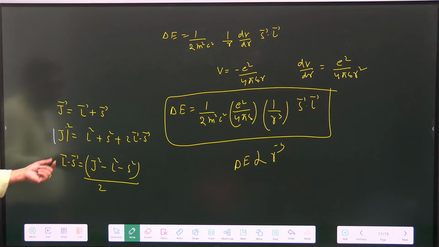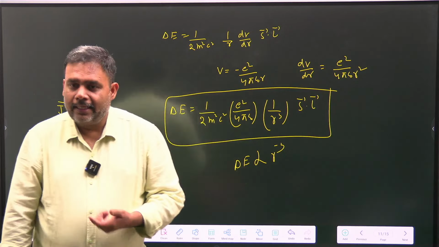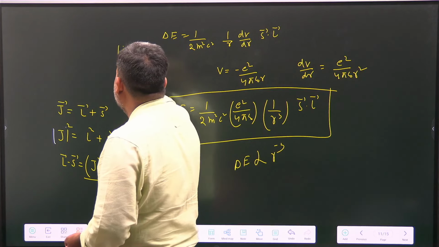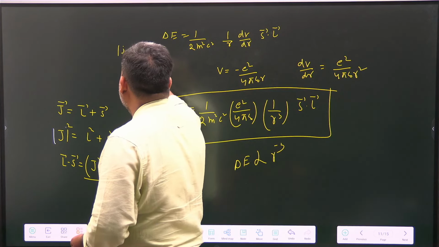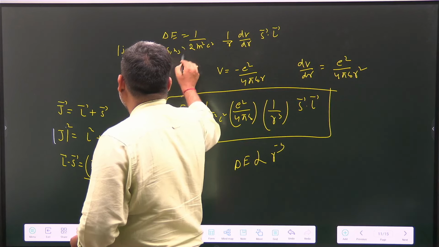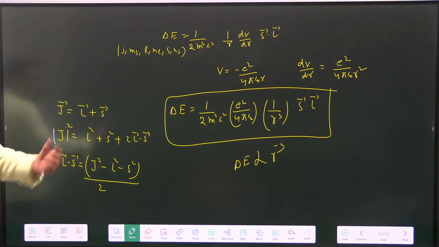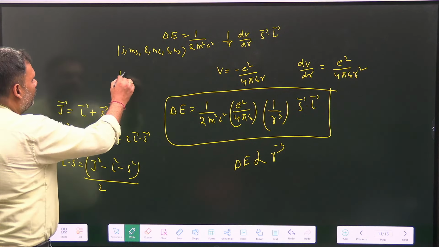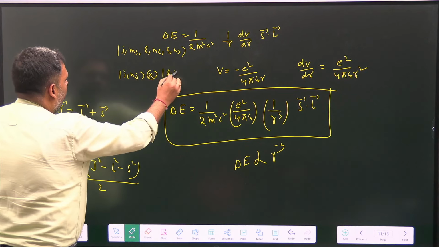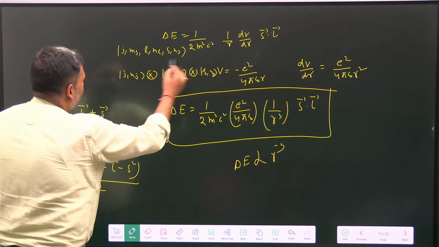And what will be the quantum number associated with J? It is j, mj, and you have a set of quantum numbers j, mj, and you have l, ml, s, ms. So you can write it as a triple product: |j, mj> direct product |l, ml> direct product |s, ms>.